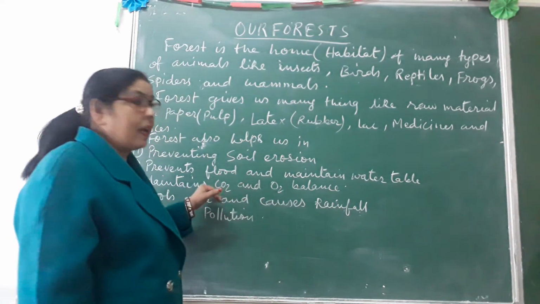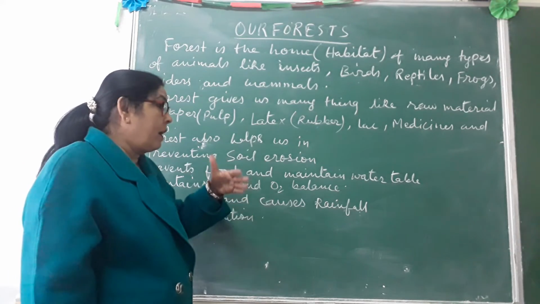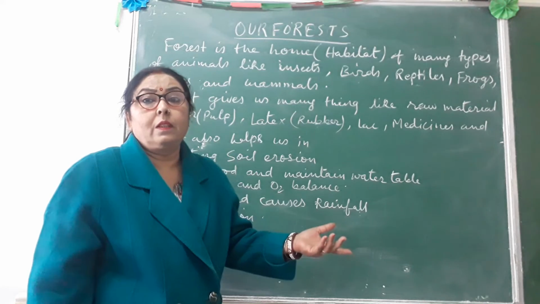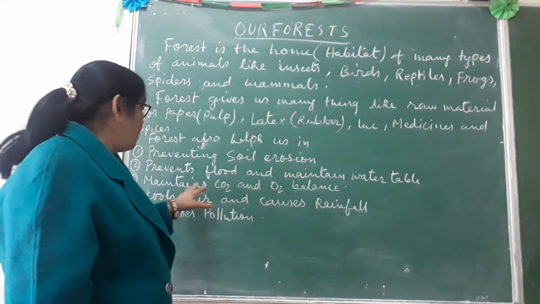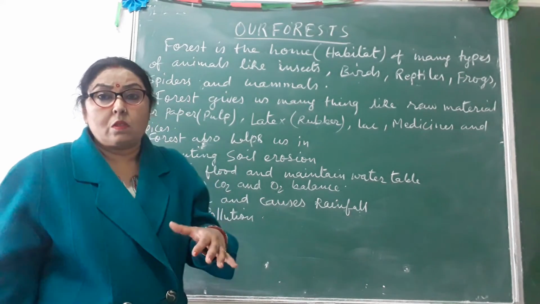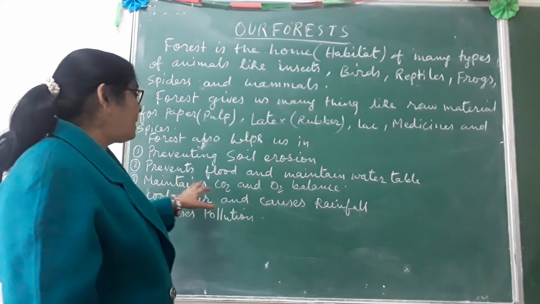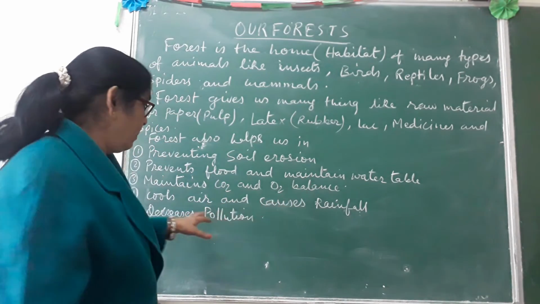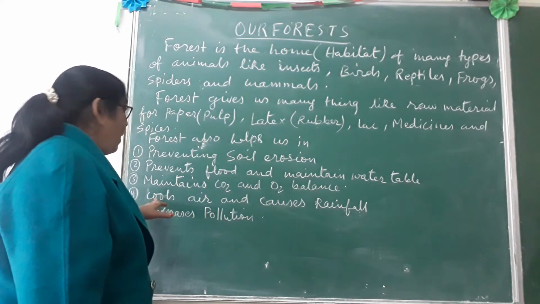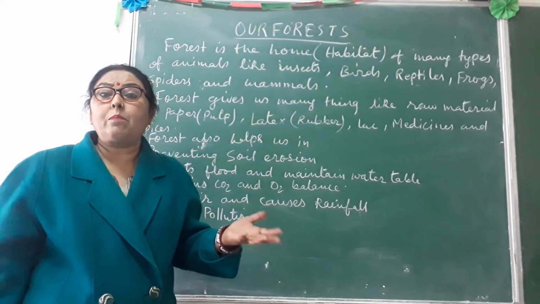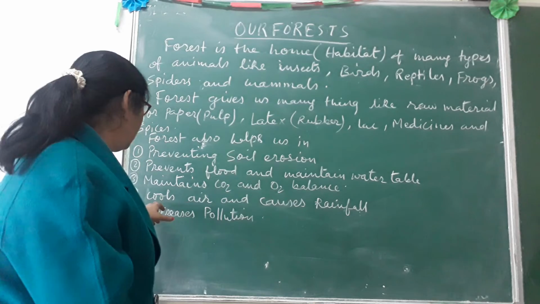So carbon dioxide is absorbed, and after photosynthesis oxygen is released. So trees are the main organisms which maintain the carbon dioxide and oxygen balance in nature. Why have I said trees? Because forests are the land where many trees are present.